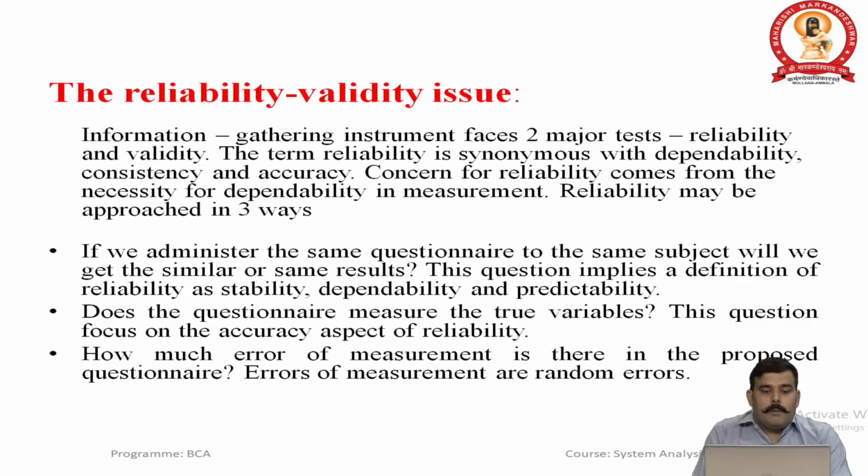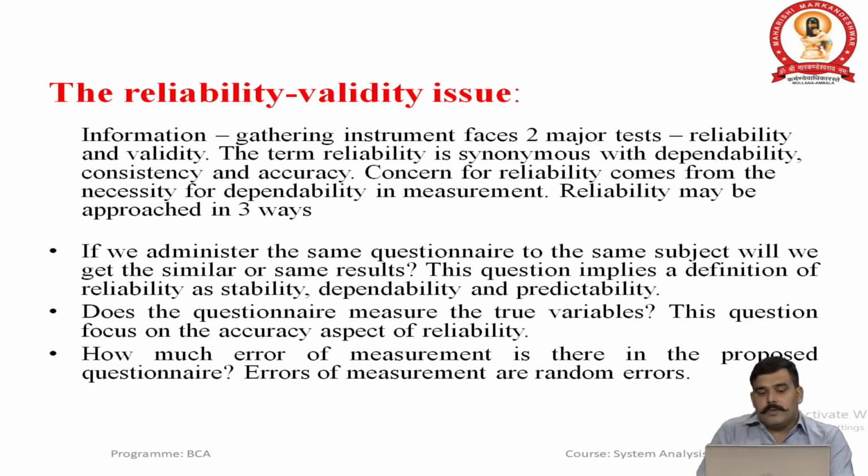Reliability may be approached in three ways. The first is, if we administer the same questionnaire to the same subject, will we get the same or similar results? The question implies a definition of reliability as stability, dependability and predictability.